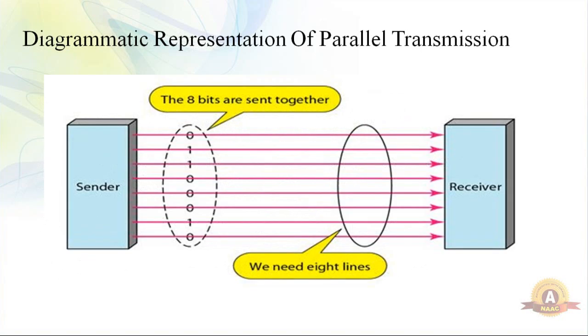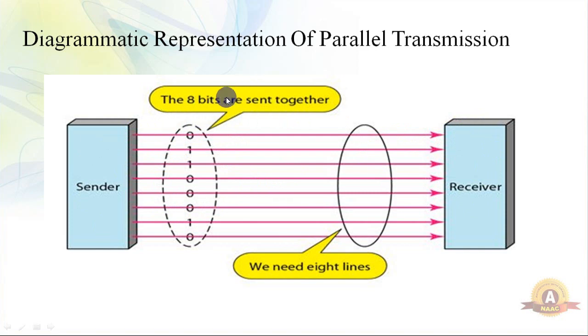Now this is the diagrammatic representation of parallel transmission. One is the sender and the other is the receiver. The sender can send the data parallelly. At a time it can send 8 bits, and the receiver can receive 8 bits at a time. Depending on the processor, we can send a number of bits parallelly.